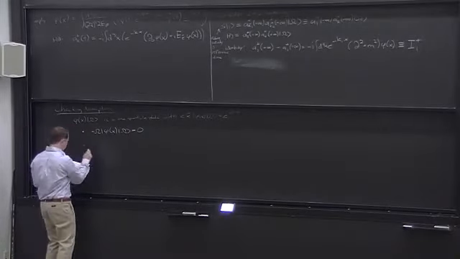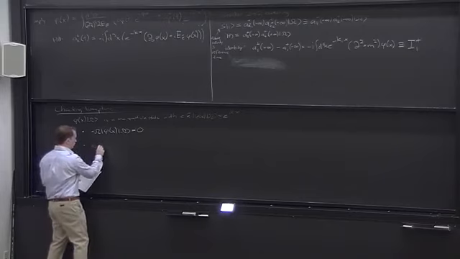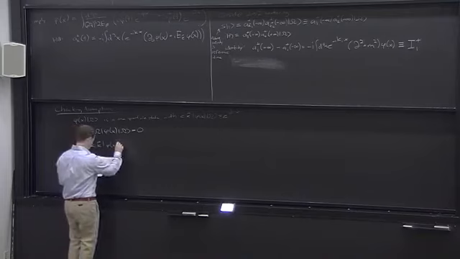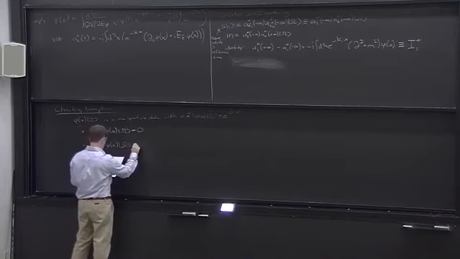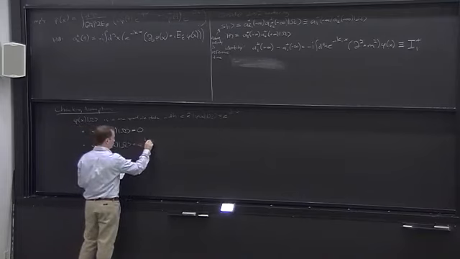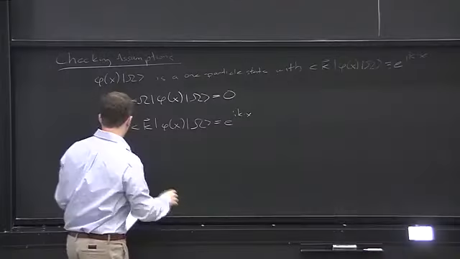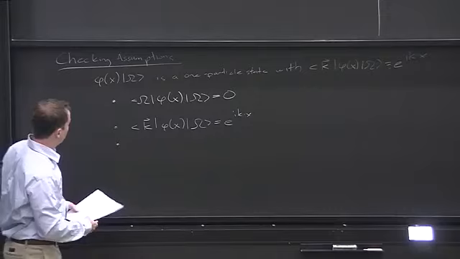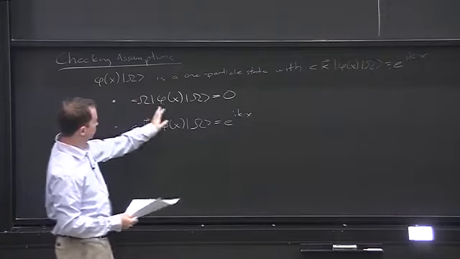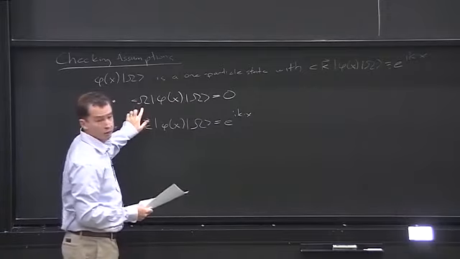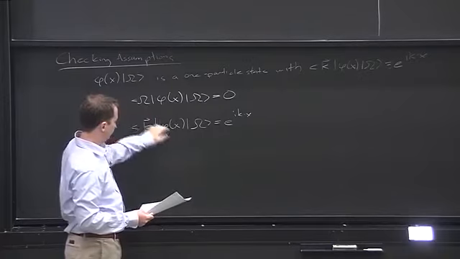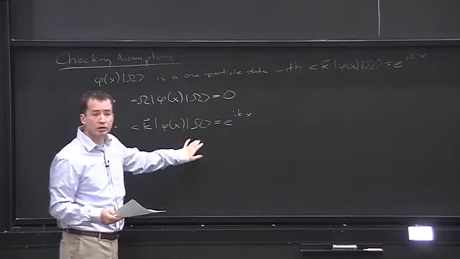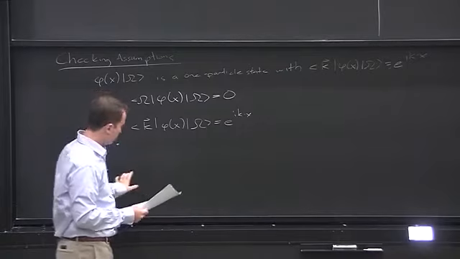The other thing we're assuming that we can just leave as is: the form factor is correct. And the third thing: the first is really a statement that one-particle states are orthogonal to zero-particle states, and this is about the normalization of one-particle states.